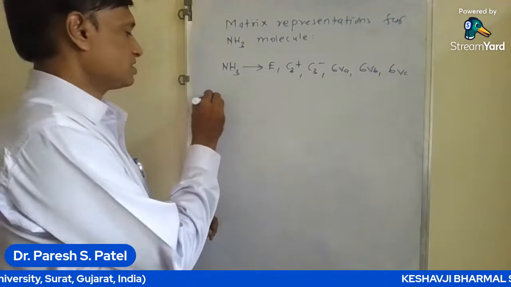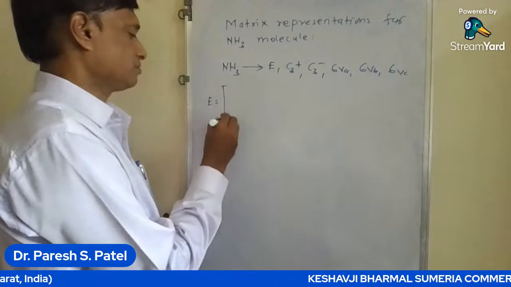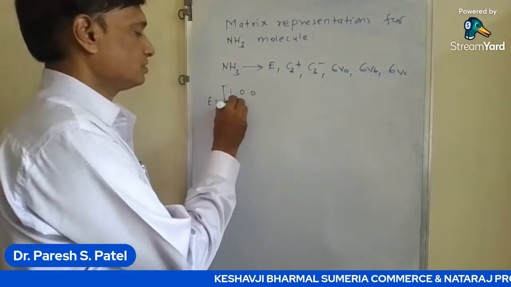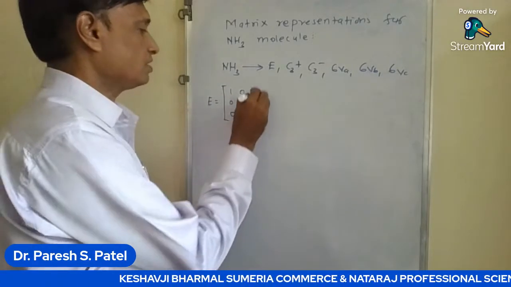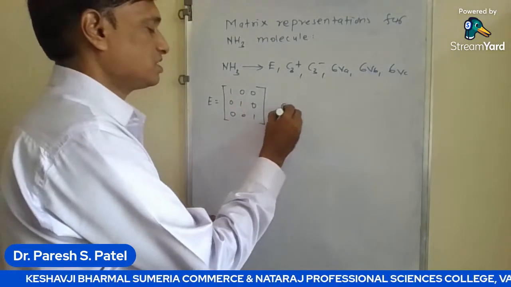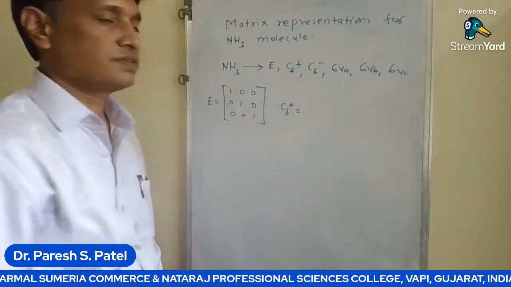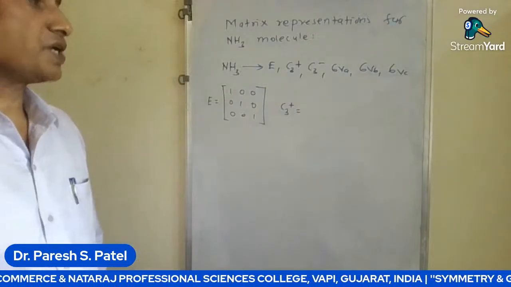Now the matrix representation for identity is 1 0 0, 0 1 0, 0 0 1. Matrix representation for C3 plus. It means one-time clockwise rotation.